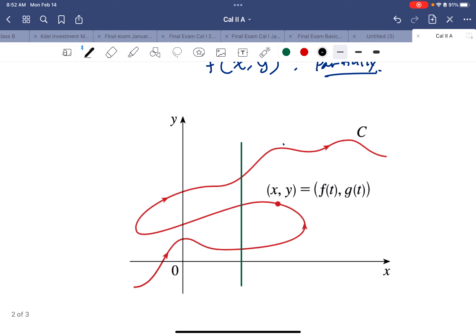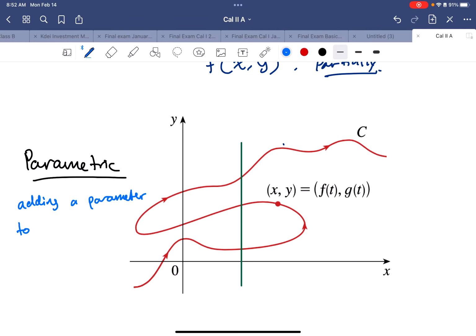Or just parametric, that's okay. Parametric means you will have additional variables. We call it the parameter. Adding a parameter to define a function or equations.